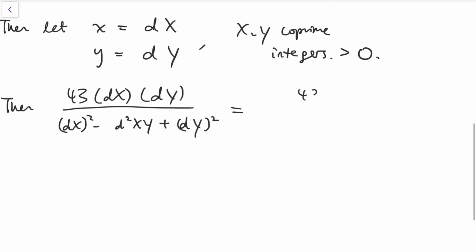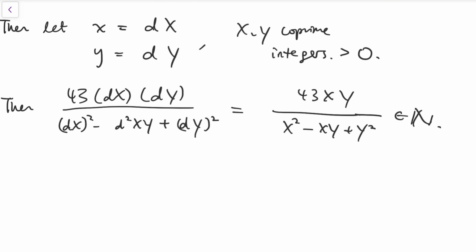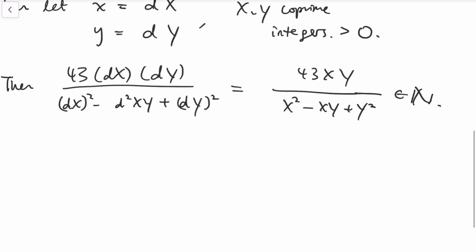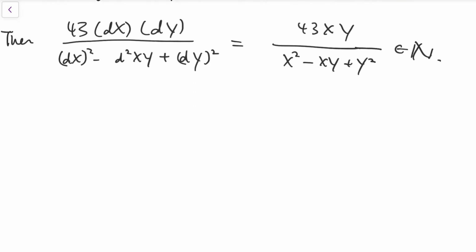Then we can simplify this and we get a fraction of similar shape. It's just that small x and small y now become big X and big Y. And again, it's still supposed to be a positive integer. But now the difference is that we are looking at co-prime positive integers big X and big Y.